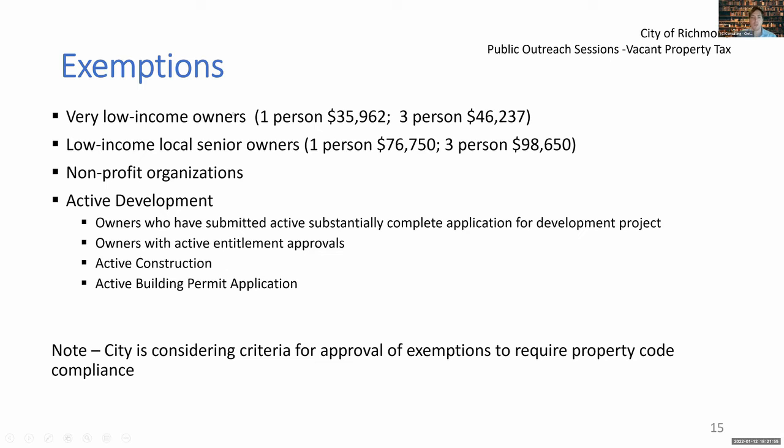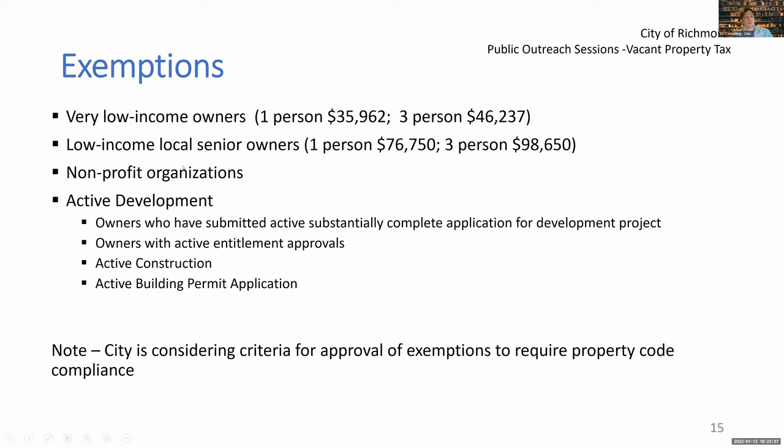These are HUD, Housing and Urban Development guidelines, and you can see the numbers here would be adjusted every year based on the new HUD guidelines, based on the size of the owner's household. A low income local senior would also have a separate exemption available potentially, based as well on an index, and if the senior lived in the city of Richmond.